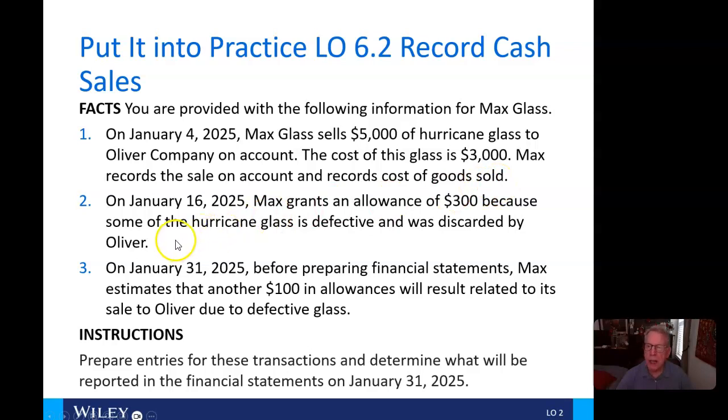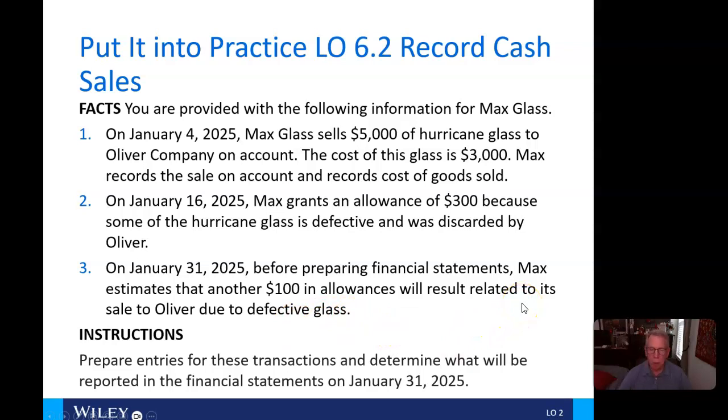On January 16th, they grant an allowance of $300 because some of the hurricane glass is defective and was discarded by Oliver. So this is not good inventory. And then on January 31st, before preparing the financial statements, Max estimates that another $100 in allowances will result related to its sale to Oliver due to defective glass.